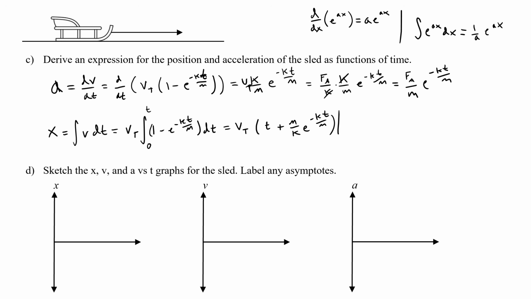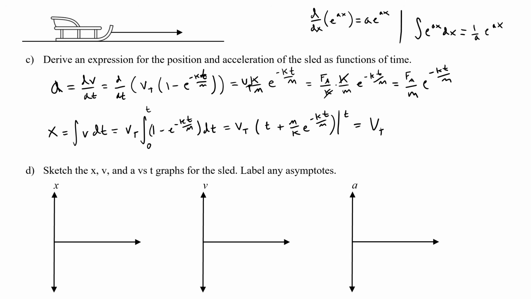And I have to evaluate this from 0 to t, which again gives me something goofy, because when I plug in t into these two things, it just stays t, but when I plug in 0, I'm going to get e to the 0, which is 1, and so that's going to give me an m over k. So again, for the sake of expediency, I'm just going to put this out.